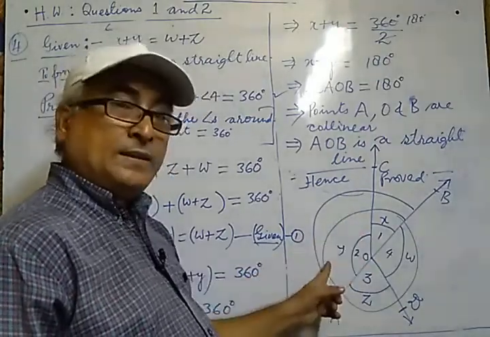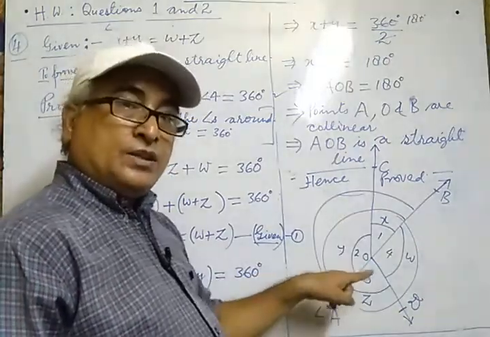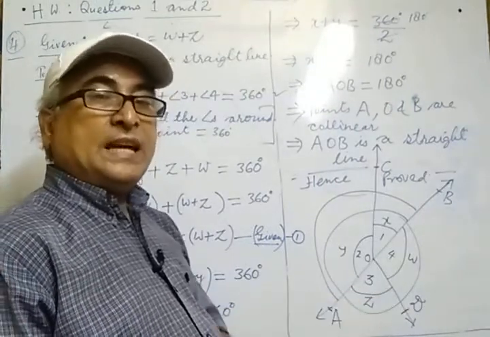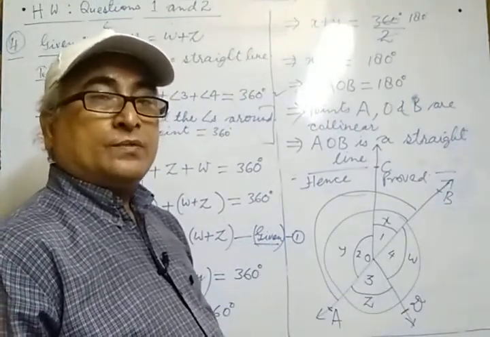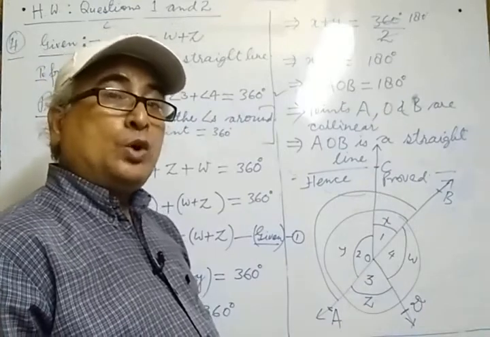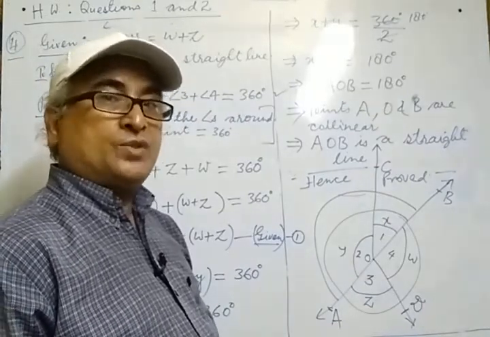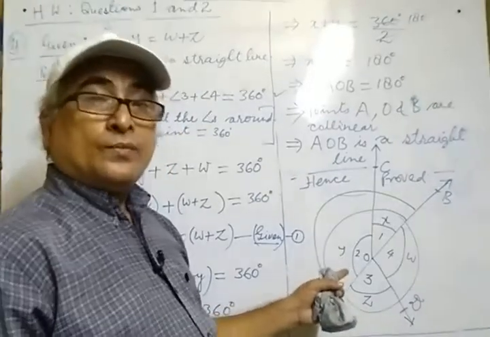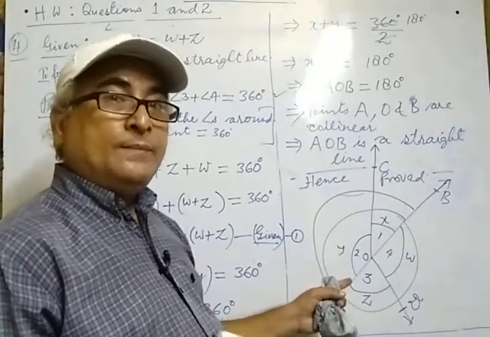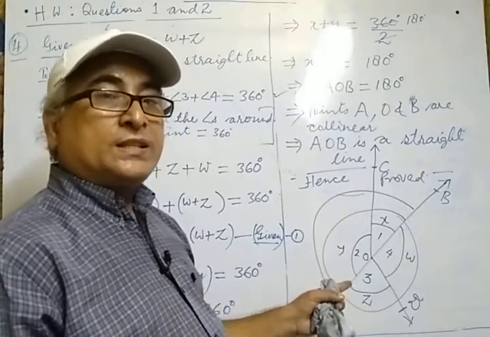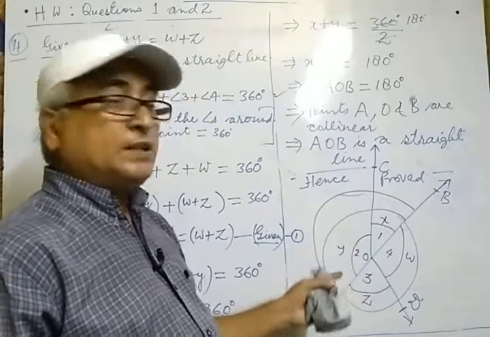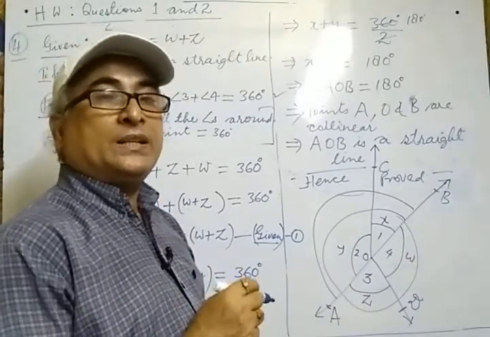So x plus y plus x plus y equal to 360 degree. The same thing is added 2 times, it means it is noted down twice. Twice means 2 times. So 2 times x plus y equals 360 degree. So 1 time, that will be 360 divided by 2, and that will be 180 degree. X plus y equals 180 degree.